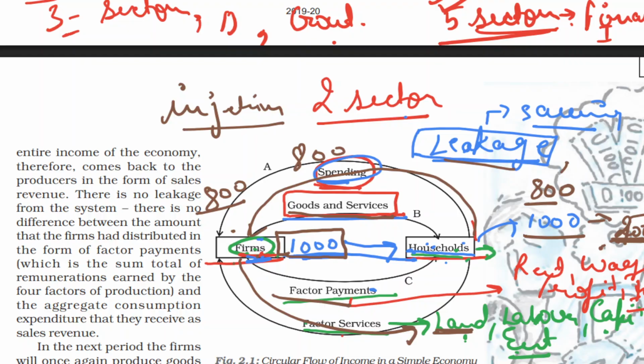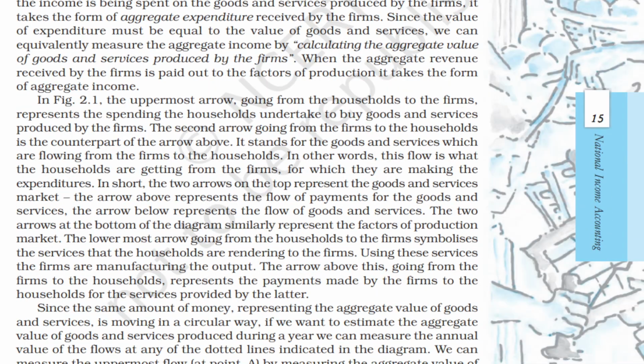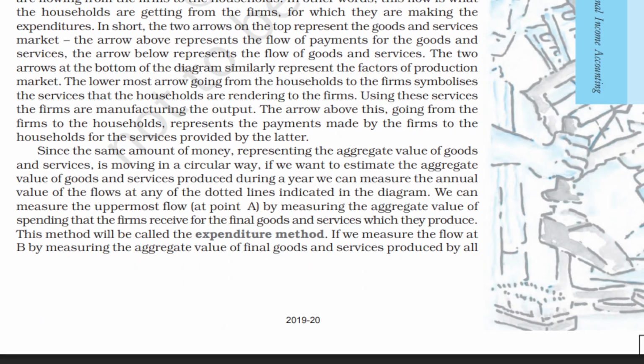Now, this was a very simple economy of two sectors, that is firm and household, right? Now let's talk about one more thing: the three sector economy, which is a part of your syllabus. In that you have household, you have firm, and you have government, right?